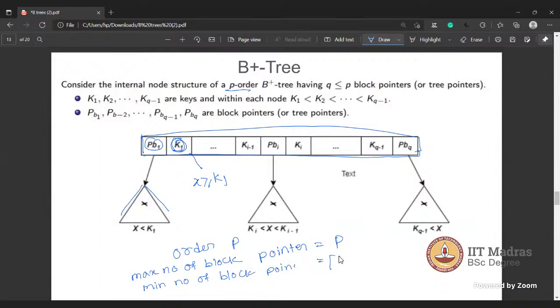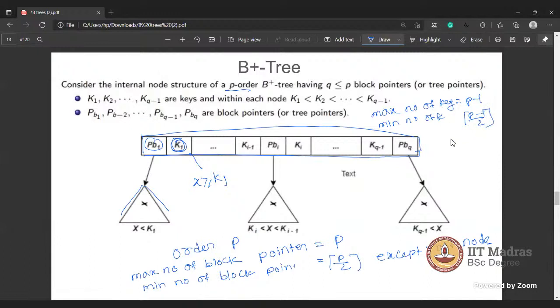The minimum number of block pointers will be p by 2 except the root node. These are the rules of the B plus tree. The minimum number of keys will be (p minus 1) by 2.